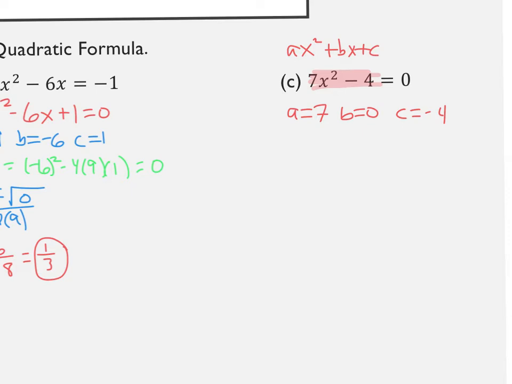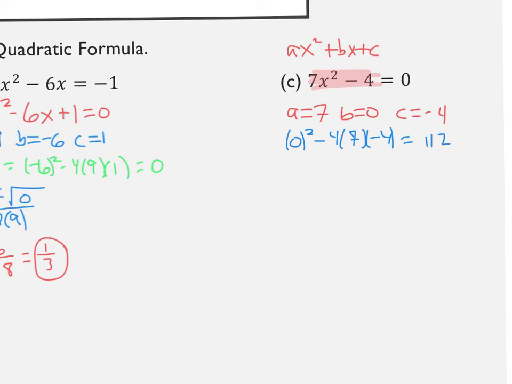And that is a common mistake that is easily made. Now we're ready to do our discriminant, b squared minus 4ac. So we'll do 0 squared minus 4 times a, which is 7, times c, which is negative 4. And when we simplify, we do get 112.